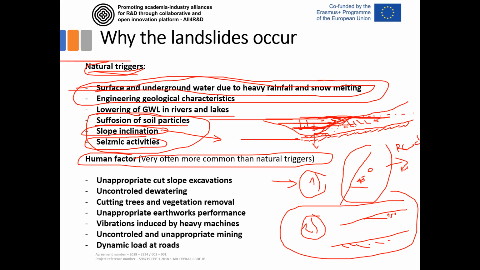But when you have a flatter slope at 10, 15, 20 degrees, then you have to be very careful, especially if this soil-like material is deep, let's say more than 10 meters. Because when it's shallow, 2 or 3 meters, it's not a big problem.